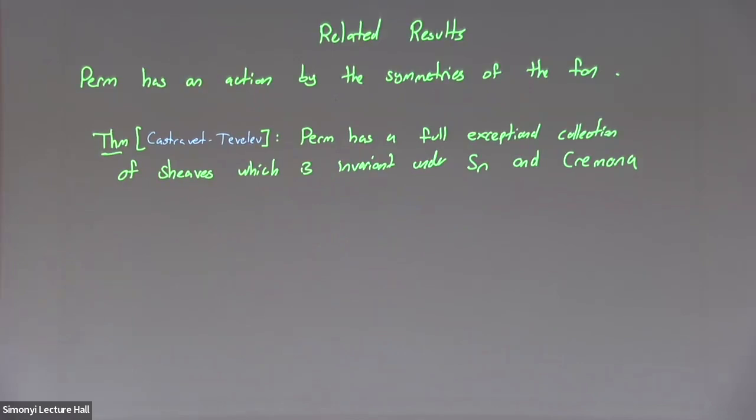Okay, there are some related results about this variety and this collection. So the previous result that was known for this Losev-Manin space, the Permutahedral variety, was the result of Castravet and Tevelev. They were trying to find nice full exceptional collections on these varieties. Their motivation comes from trying to study the derived category of M0,n bar, where there are some nice symmetries.